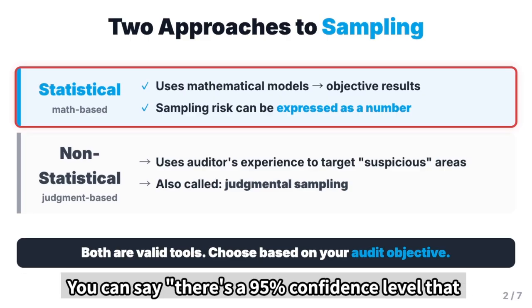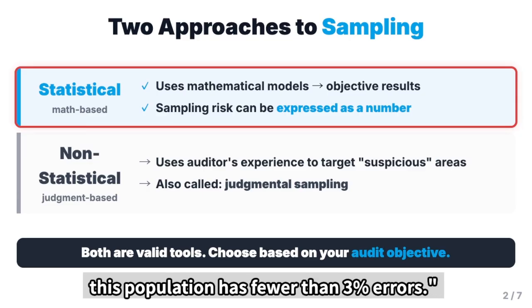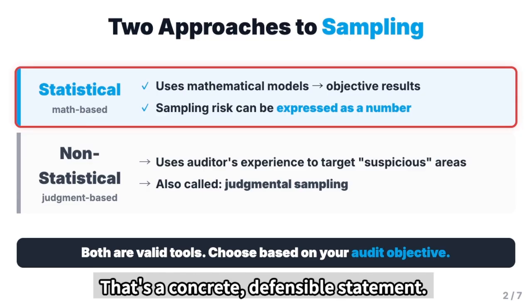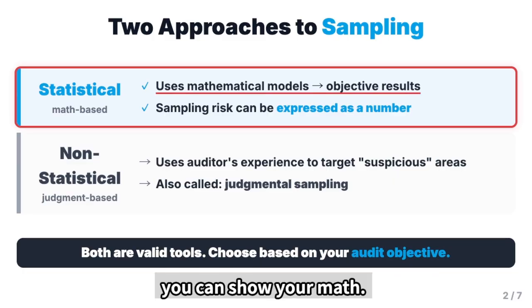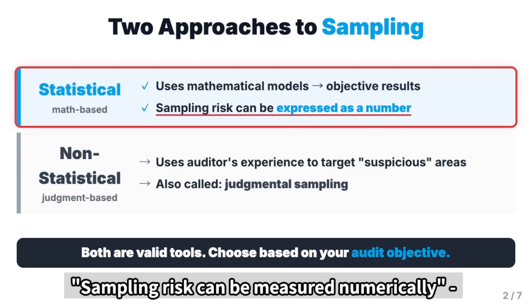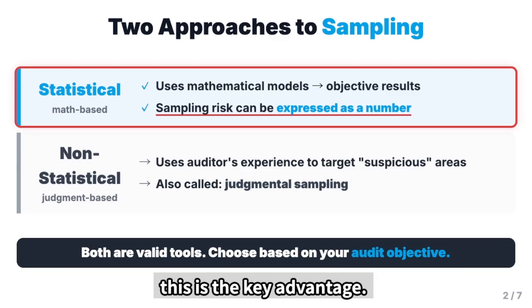You can say, there is a 95% confidence level that this population has fewer than 3% errors. That's a concrete, defensible statement. Objective, quantifiable results. You can show your math. This is the key advantage.